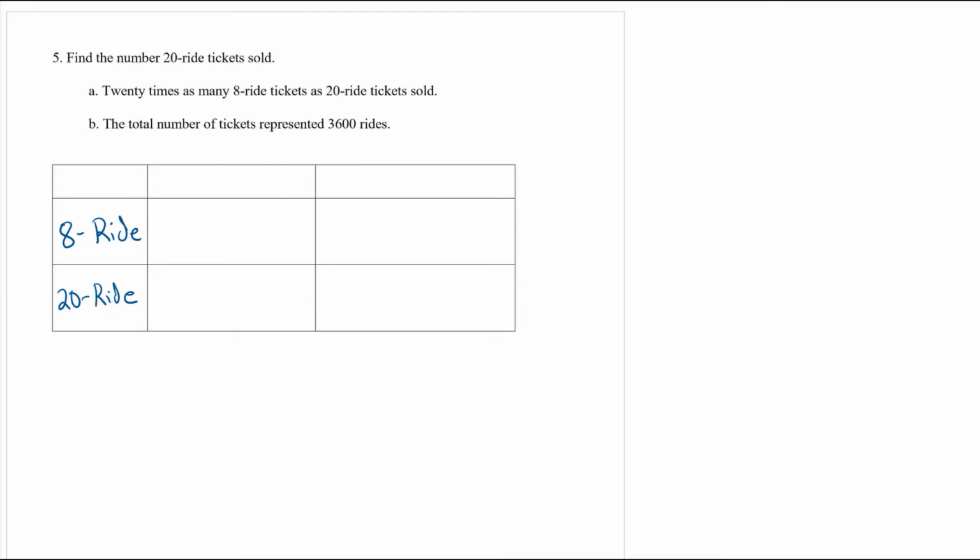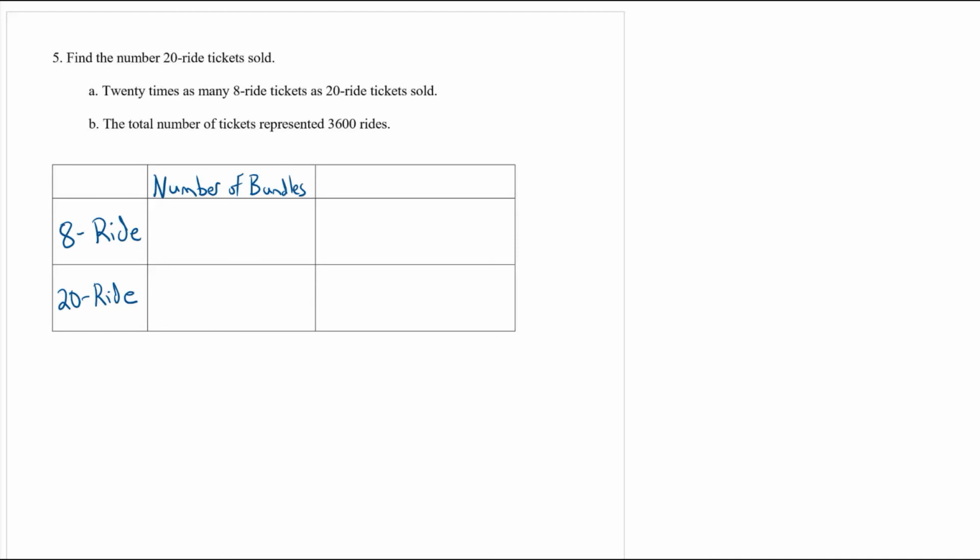Now remember how we talked about a lot of these have the pattern of a number and then a total? So I want to think of this as the number of bundles. So very similar to the 8-hour shifts and the 6-hour shifts, right? If I buy a package of 8 rides, then that's a bundle and it's one bundle.